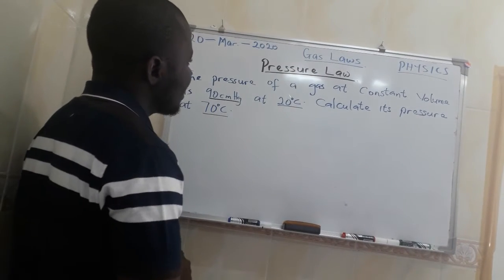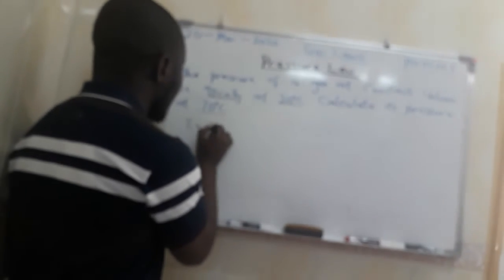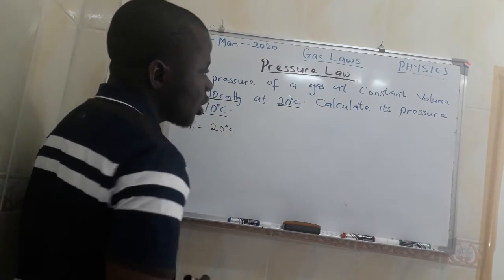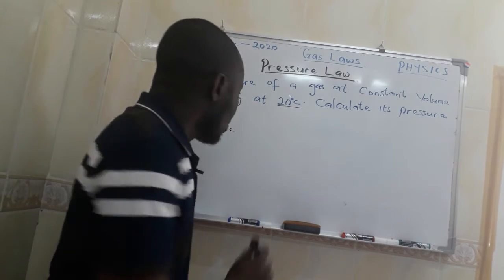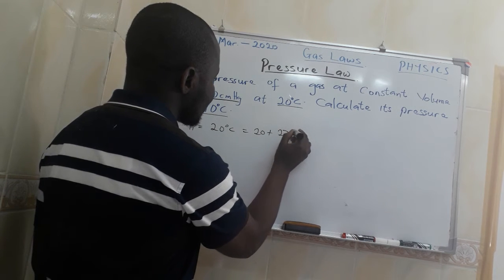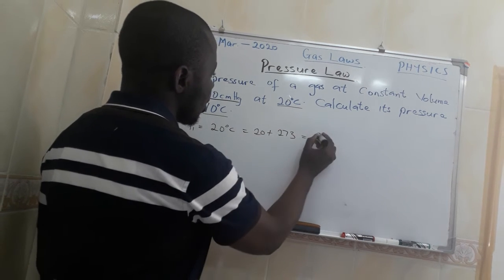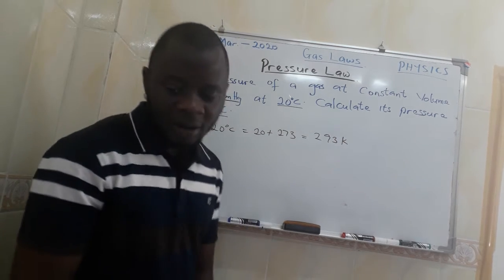Alright, what is my first temperature? My T1 is the same thing as 20 degrees C. I told you that we are going to change this to absolute temperature, which will be equals to 20 plus 273. That will give me what? 293 Kelvin. Are you following?